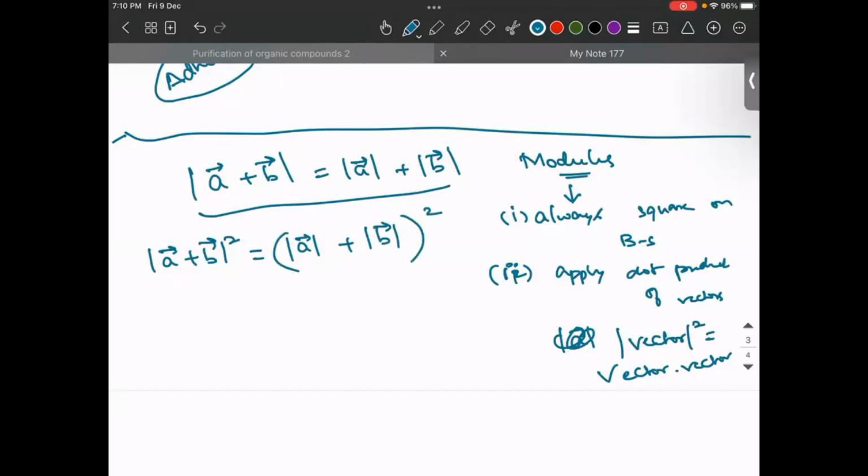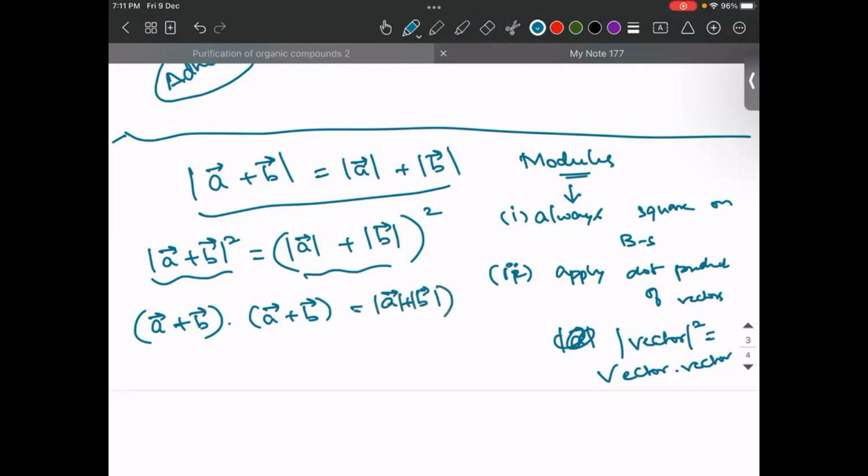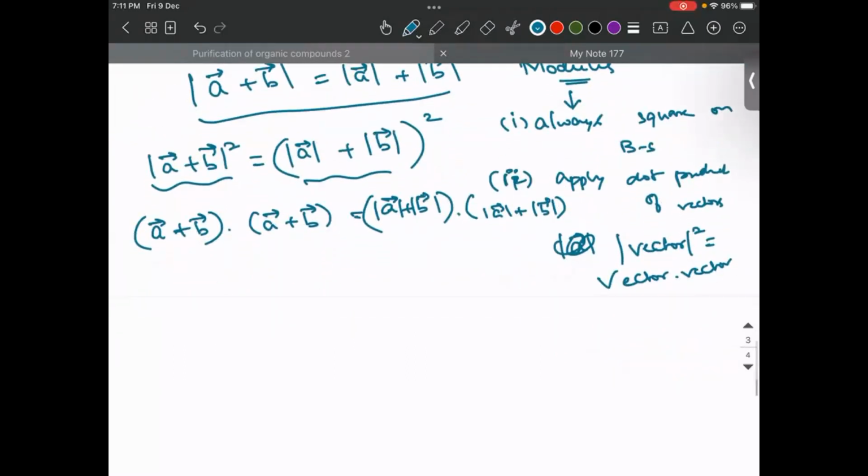Clear? So this is A vector plus B vector dot A vector plus B vector is equal to, sorry, magnitude of A vector plus magnitude of B vector dot magnitude of A vector plus magnitude of B vector. Is that clear? Sorry, it's my mistake.